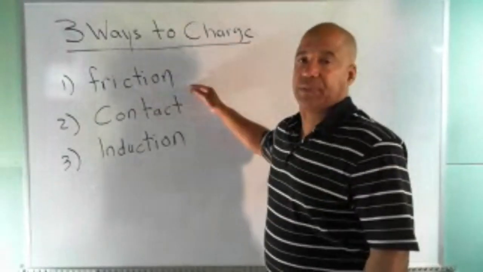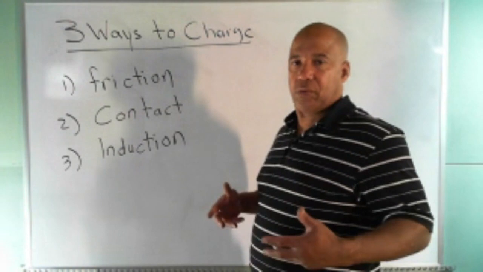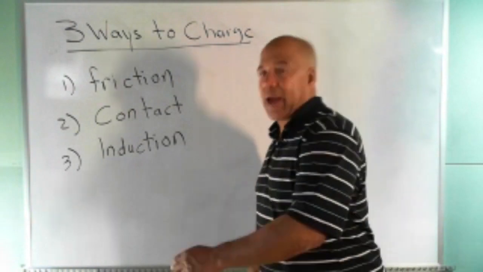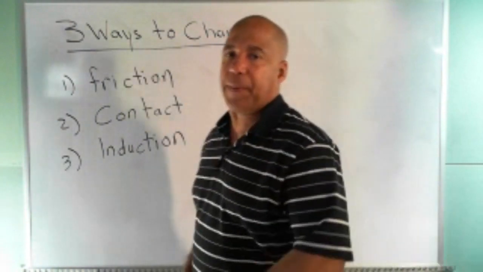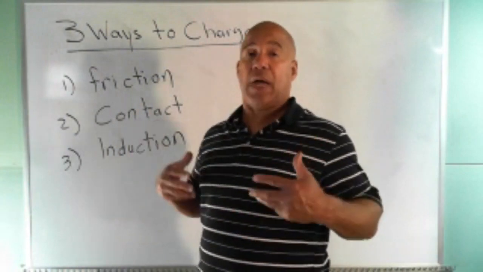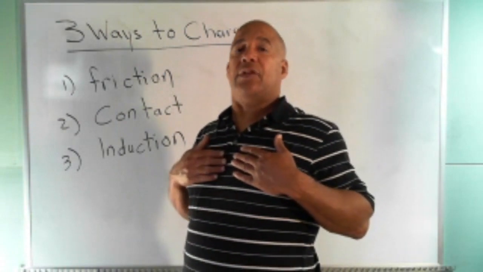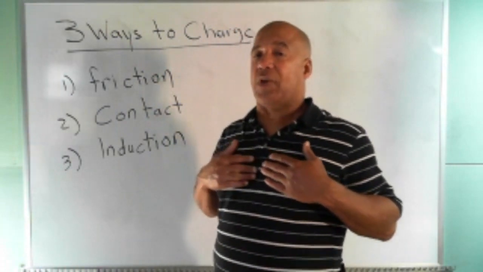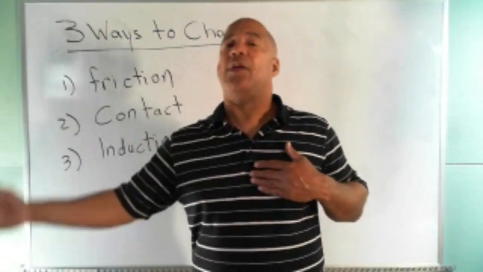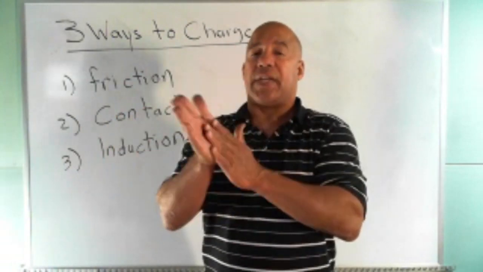That's charging by friction. If you start off initially neutral and you drag your feet across the carpet, the frictional forces can actually cause electrons to go from the carpet to you, to build up on you. And so the transfer I'm talking about is actually a transfer from the carpet to your gym shoes or to your body because you're rubbing your shoes against the carpet.